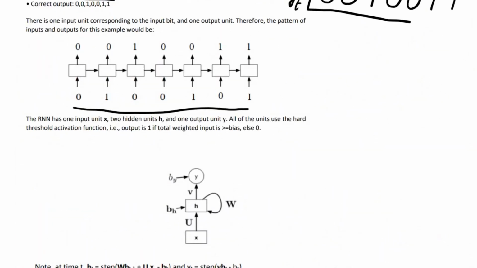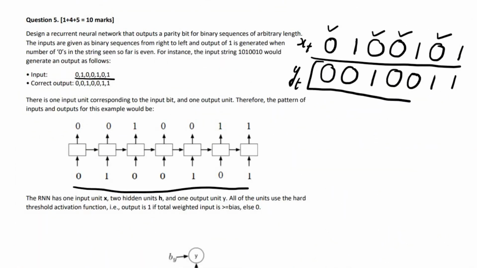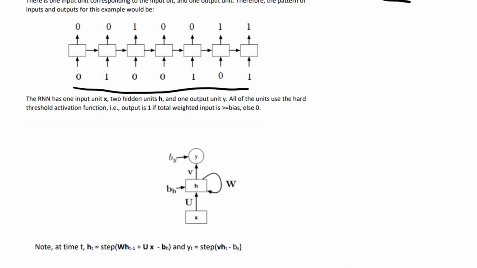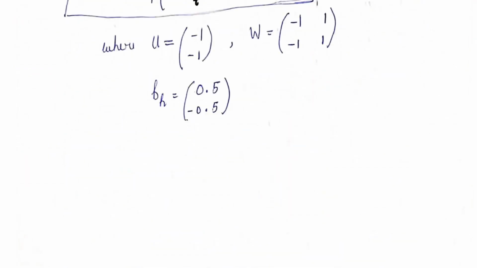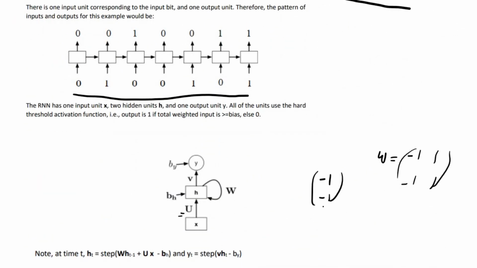Now just go to the question which was mentioned over here, and if we see the architecture, we were able to get the value of U as minus 1 comma minus 1, which was needed. W was also determined, minus 1 1 minus 1 1. I hope this is the right one. Let me check. Yeah, so W is also determined.